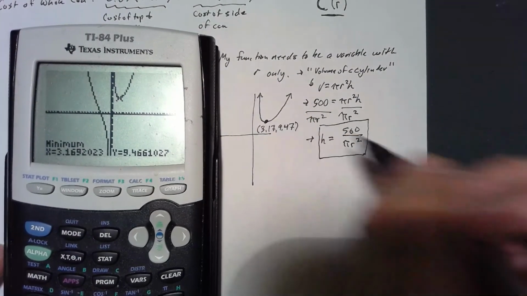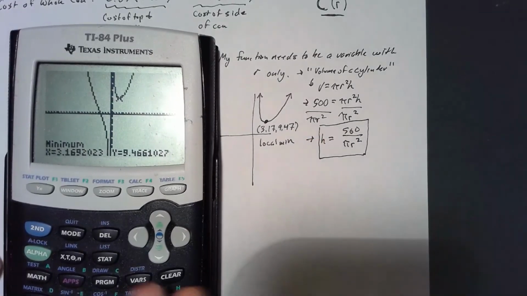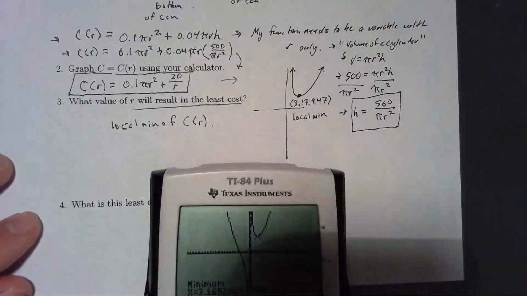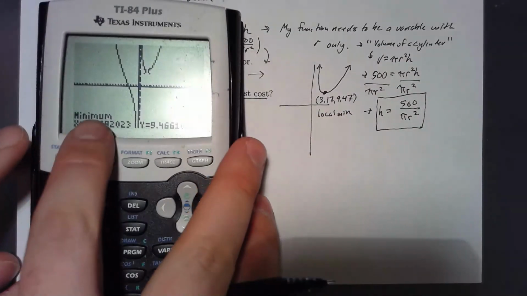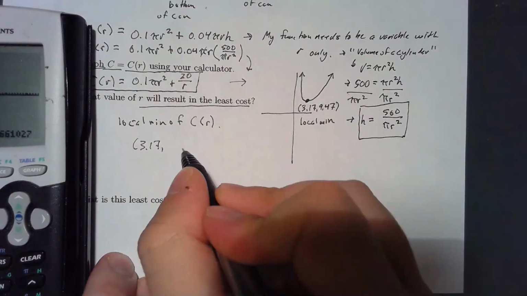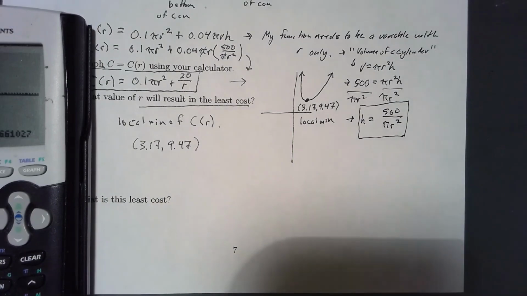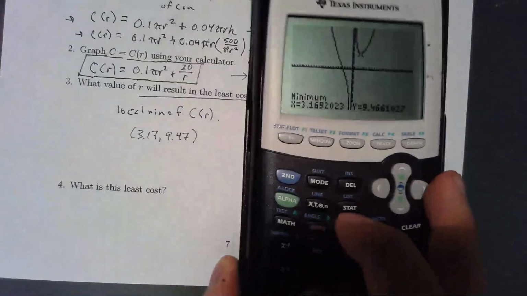That's my local minimum. So the local min of C of r is the ordered pair 3.17, comma 9.47, if I round it to the second decimal place.